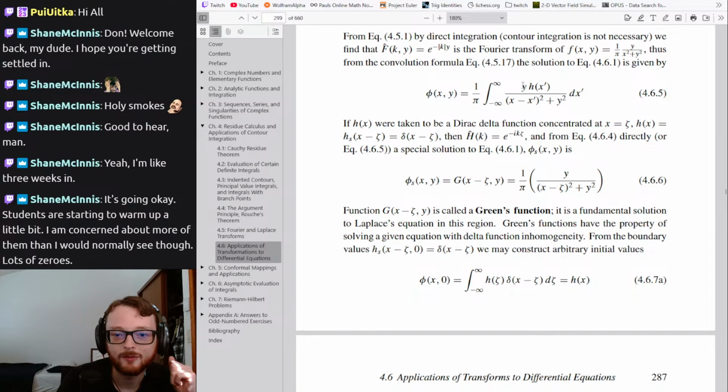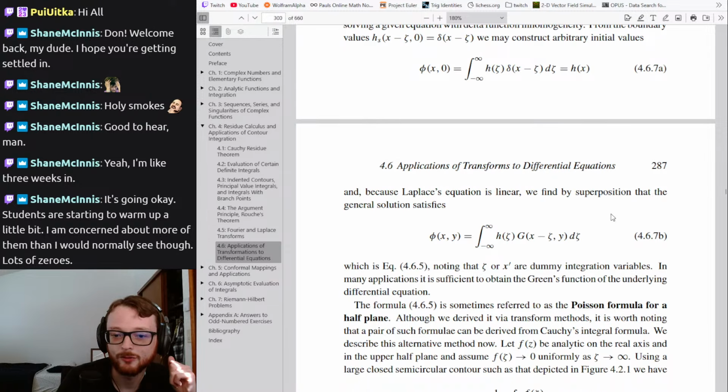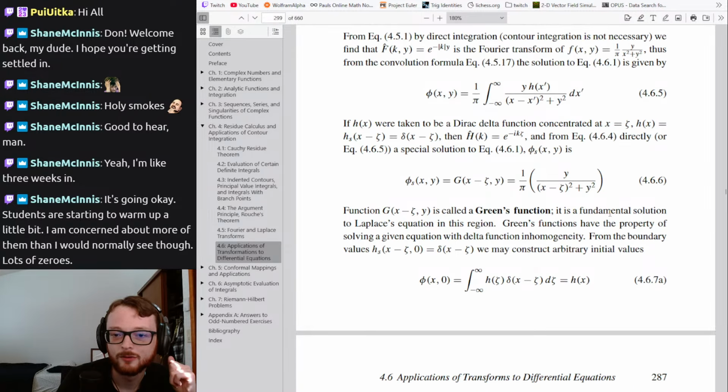This part of the equation looks just like Green's function. I don't know why this is superposition though. I don't know.